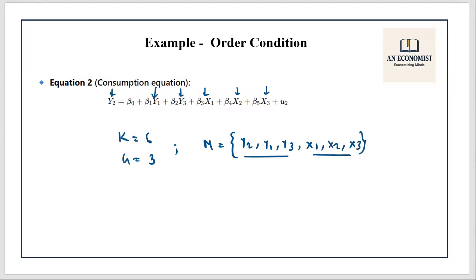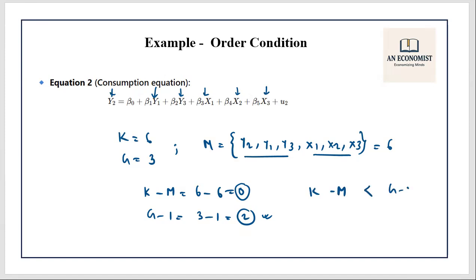These are endogenous and these are exogenous, so total 6. So what is k minus m? K minus m is 6 minus 6, which is 0. There is no exogenous shifter, but still you have to identify this. You have to deal with these two endogenous variables more, which is not possible. So see, k minus m is strictly less than g minus 1.